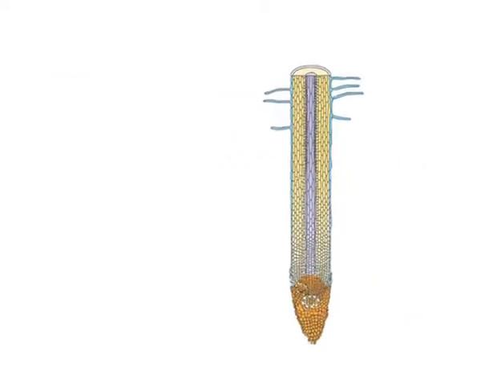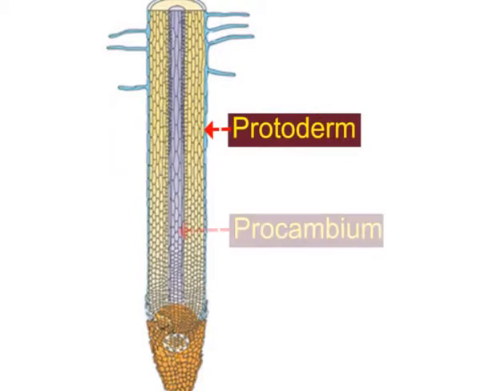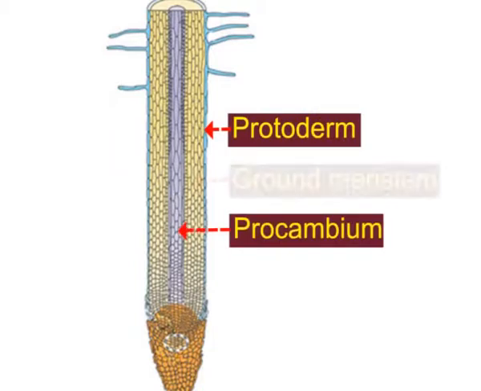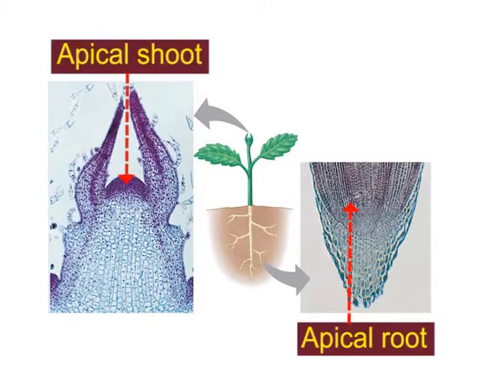Three primary meristems such as protoderm, procambium and ground meristem function to form primary tissues and help in elongation of shoots and roots. Example of this type is the meristem found at the tip of the stem and root.